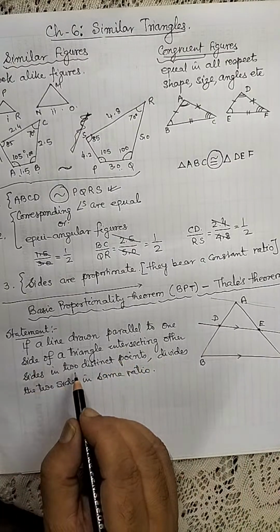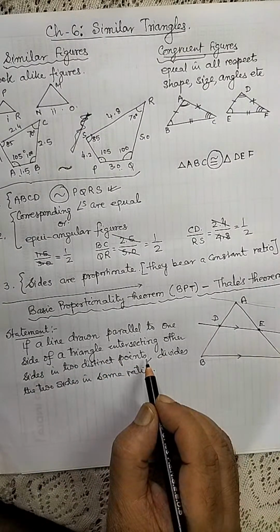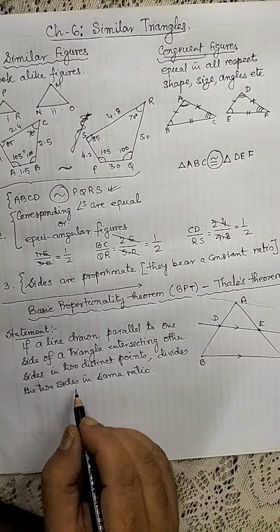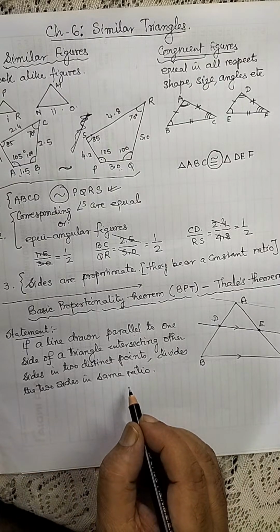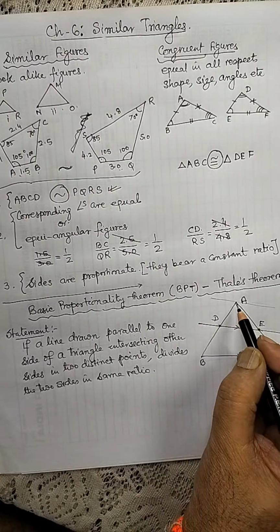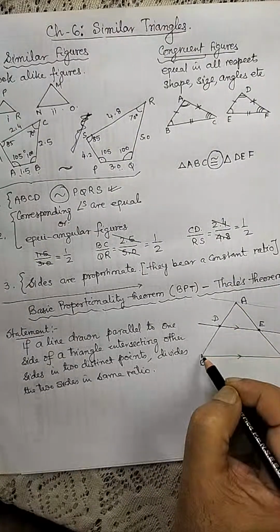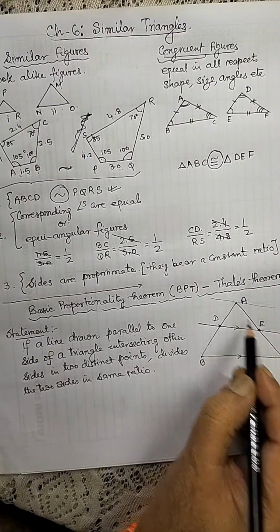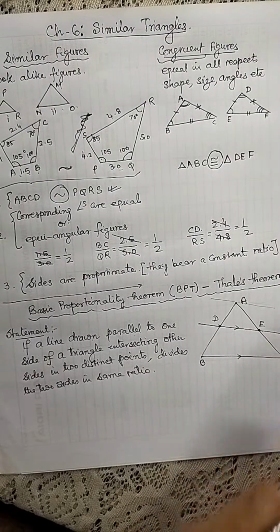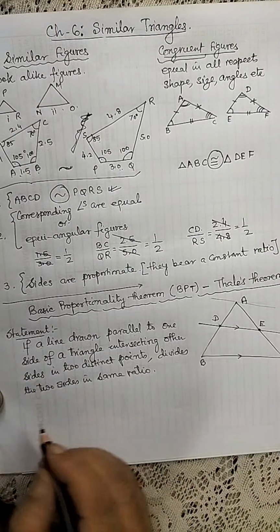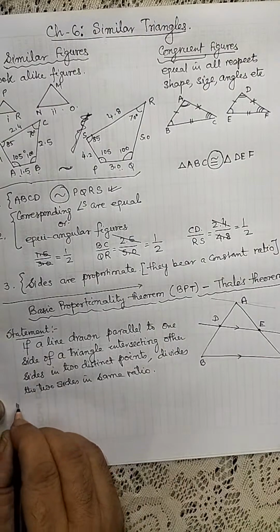Intersecting the other two sides in two distinct points, divides the two sides in same ratio. That means the ratio of these two parts of this side and this side is same. Fine. So this is the statement, and what we have to prove?